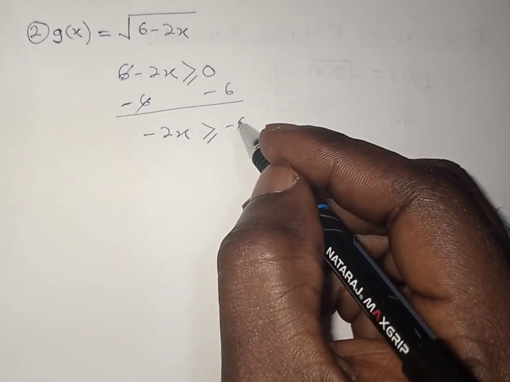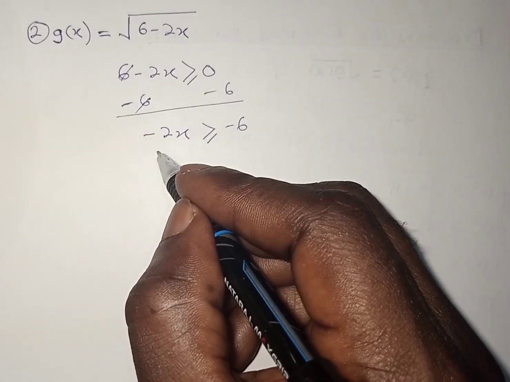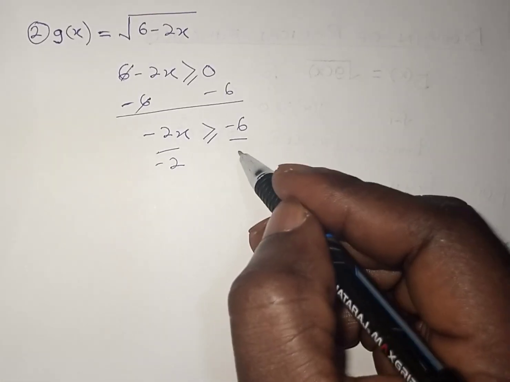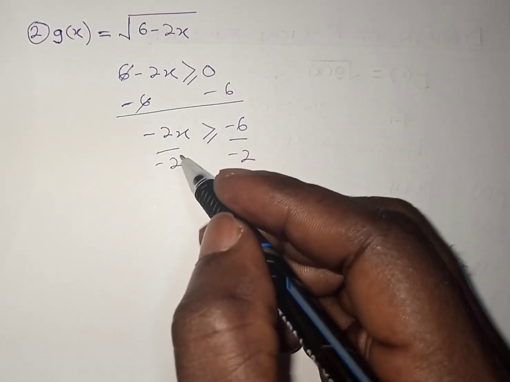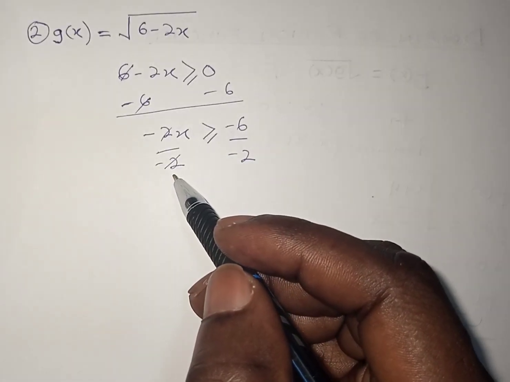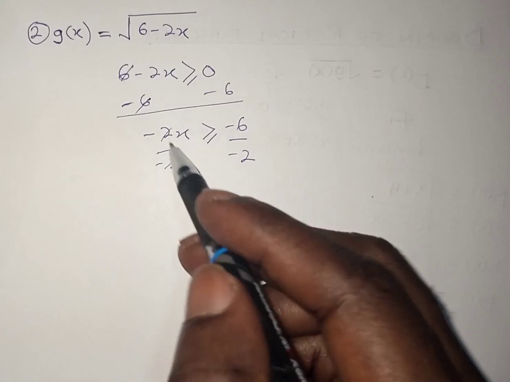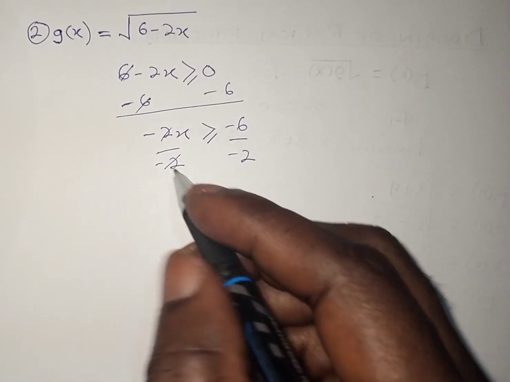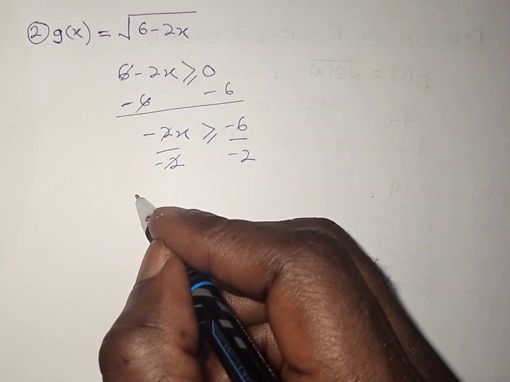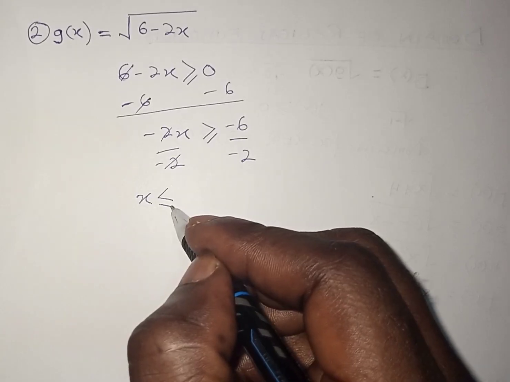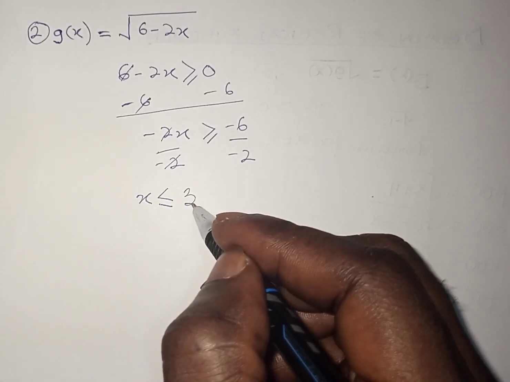Negative 6. Okay, I can divide both sides by negative 2. We know that in normal inequalities, whenever you divide both sides by a negative, the inequality sign changes. If that is the case, then I'm going to have x less or equal to 3.